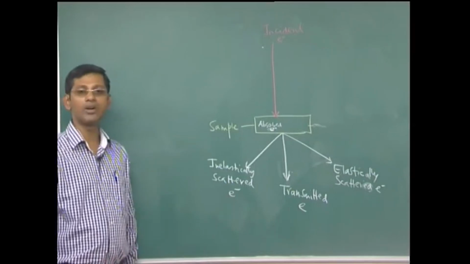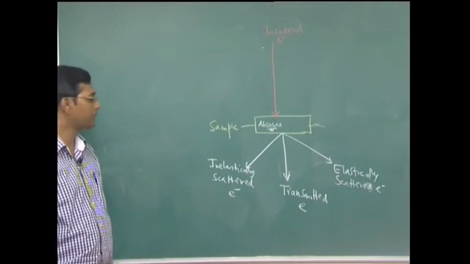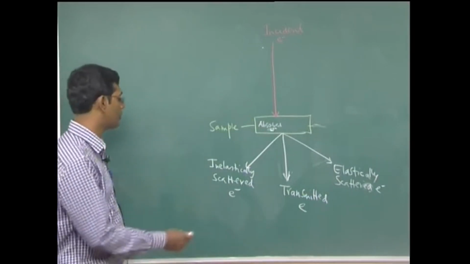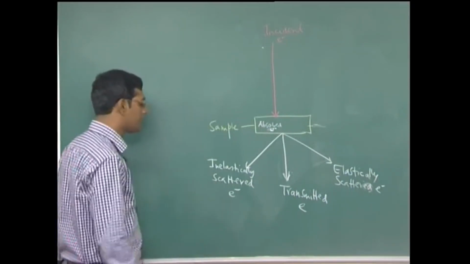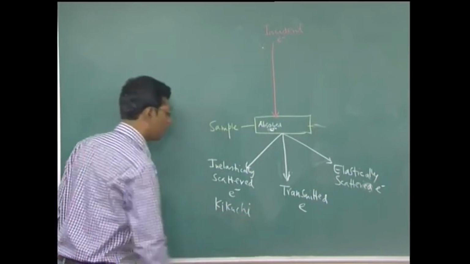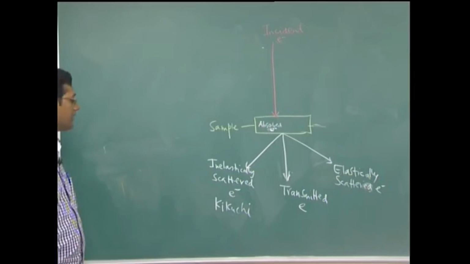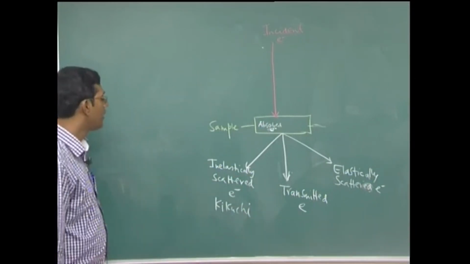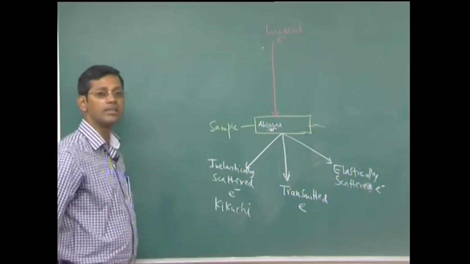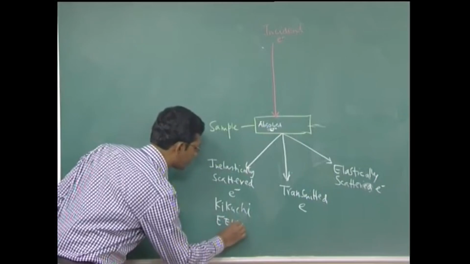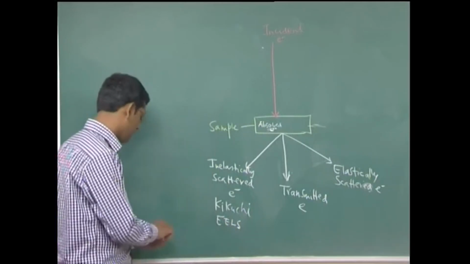Inelastic scattering electrons can lead to different kinds of things. Obviously, one who has seen electron microscopes has seen the Kikuchi lines or Kikuchi bands. They form because of the inelastically scattered electrons, or we can use them for spectroscopic analysis like in energy loss spectroscopy, which we will discuss later on.